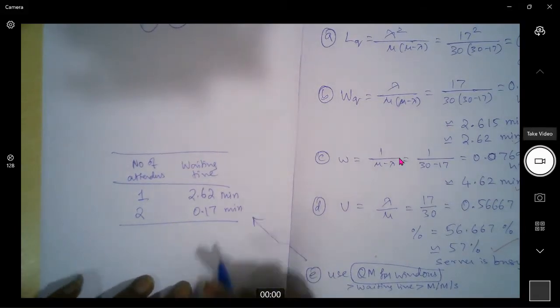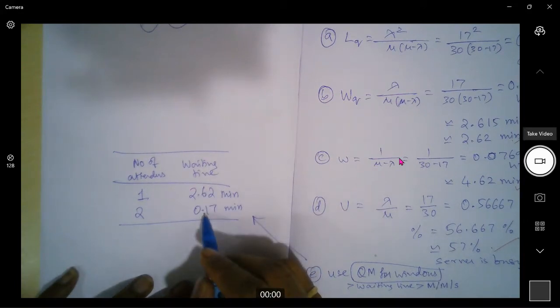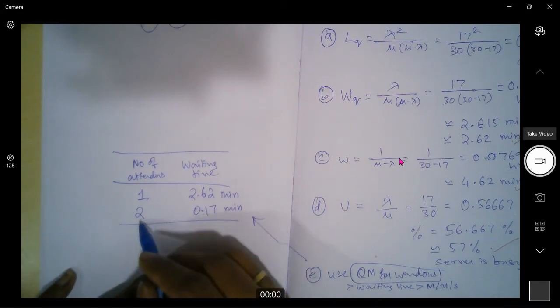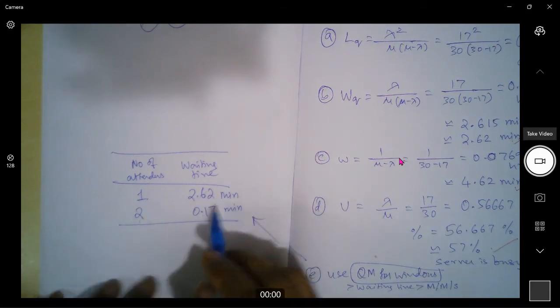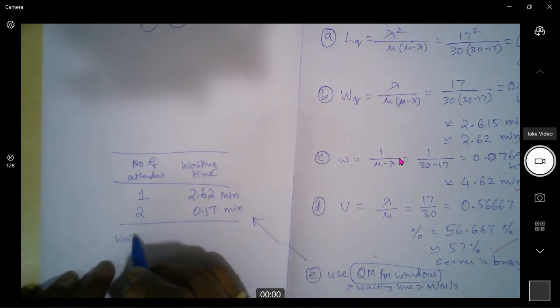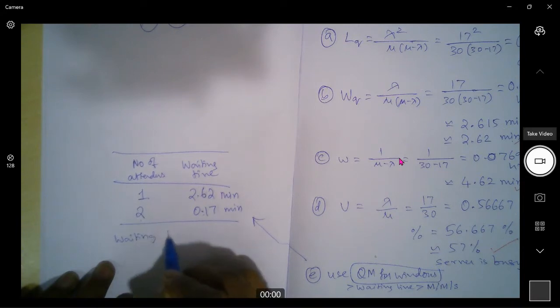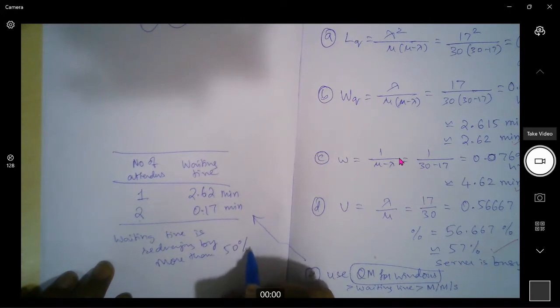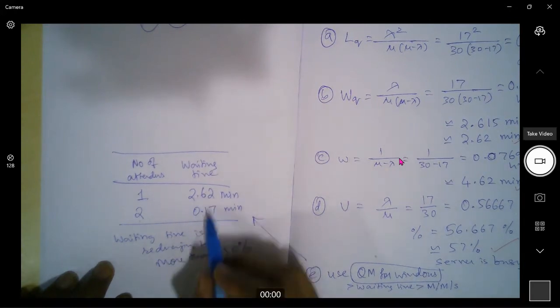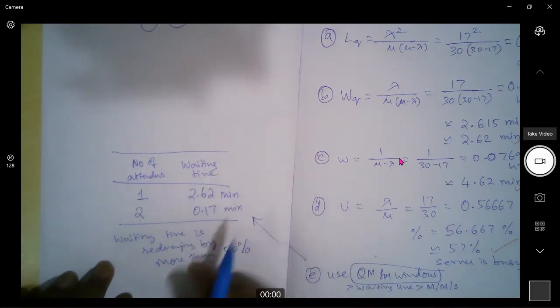Now what is the condition? If the waiting time reduces by 50%, then I can go for a second attendant. But it is not only 50%, it is much less. So the waiting time is reducing by more than 50%. 50% means 1.31, so it is much more reduced, right?